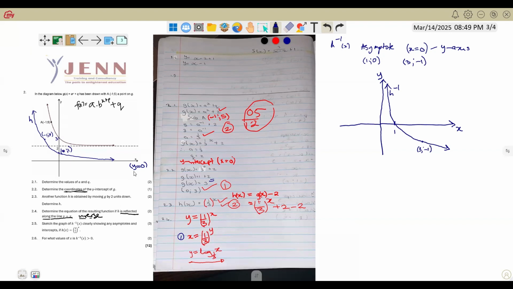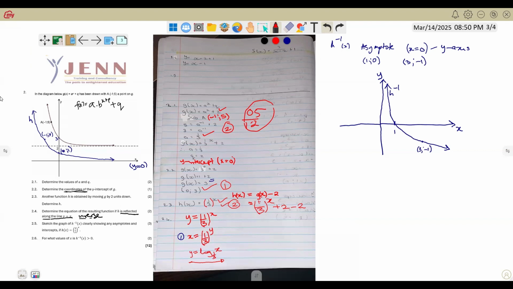Then what was the next question saying? For what values of x is the inverse of h greater than 0? So you see, we already drew the graph. When the graph is drawn, when we say greater than 0, we are talking where the graph is above the x-axis. Is that clear?